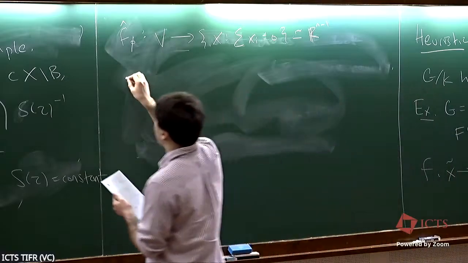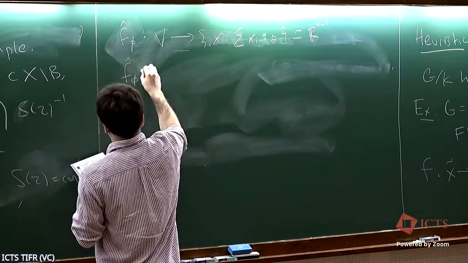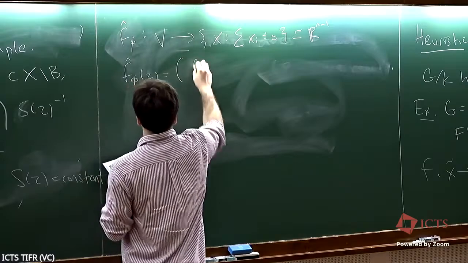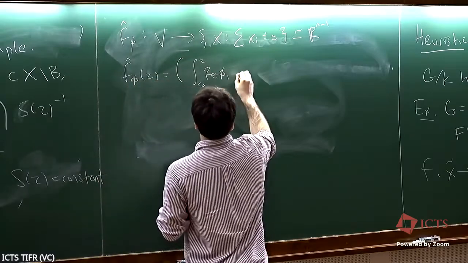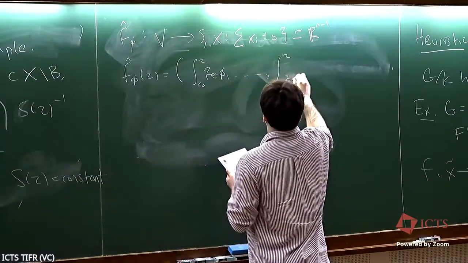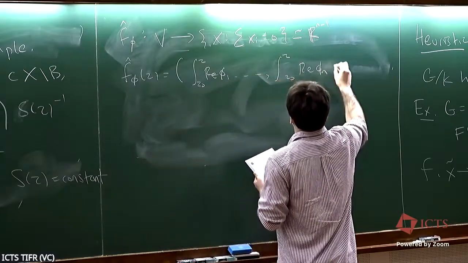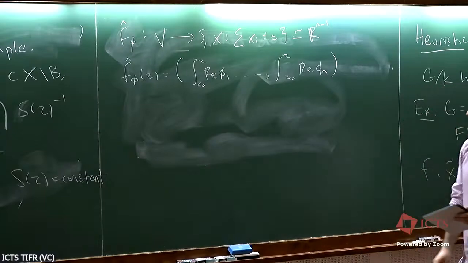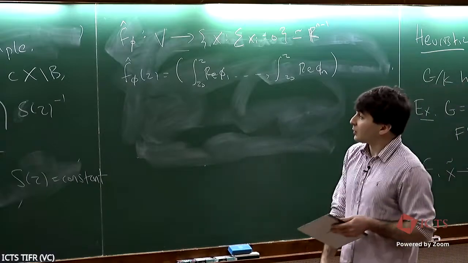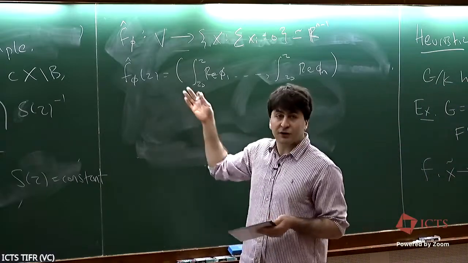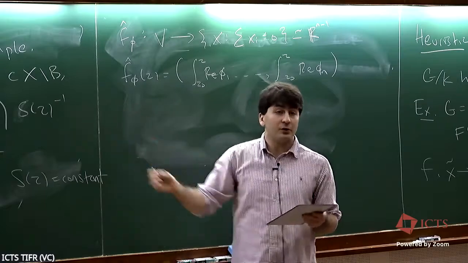We obtain a harmonic function just by integrating the real parts of these one forms from a fixed base point. The real part of any phi i is a harmonic one form, and integration just gives you a harmonic function. Right, so this is a harmonic function that serves as something to compare F to.